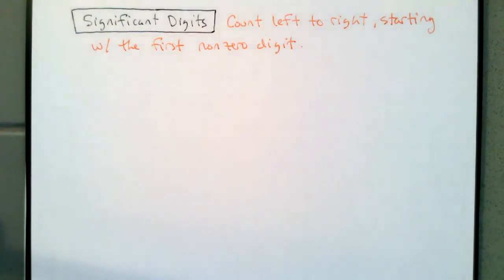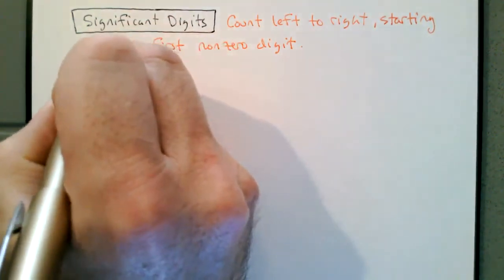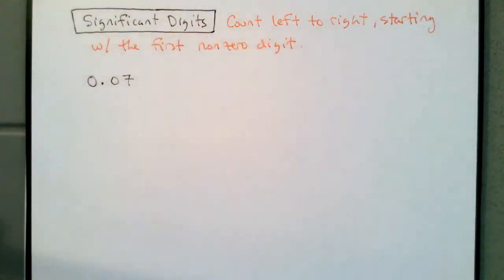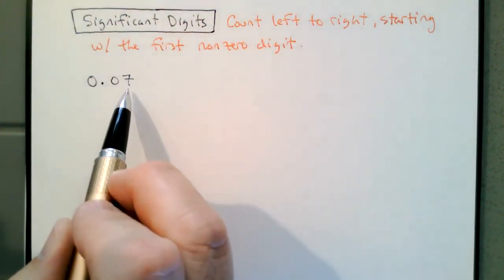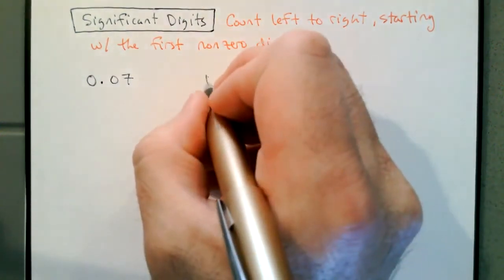For example, if I have a value of 0.07, the first non-zero digit is the 7. And it's the last one, so there is one significant figure.